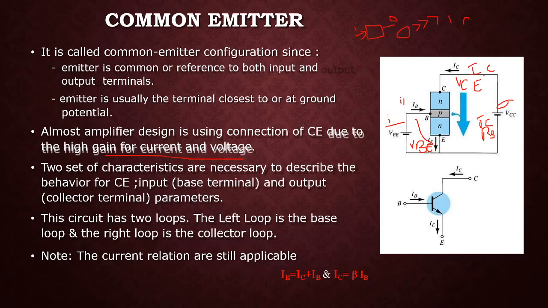So this will be the output current, and this is the output voltage, and VBE is the input voltage, and the input current is IB. The input characteristics are the graph plotted between the VBE voltage versus the IB current.